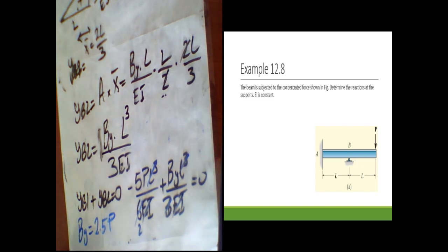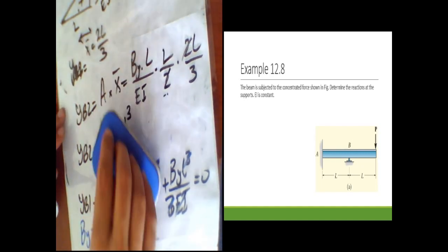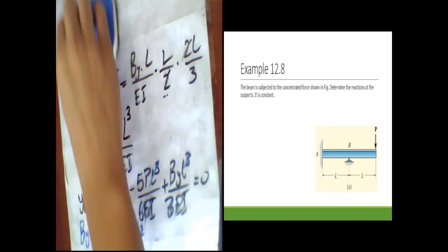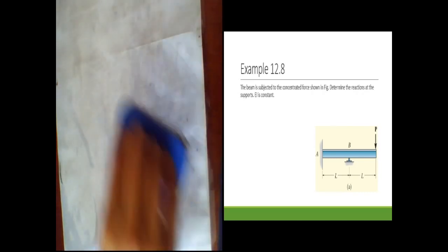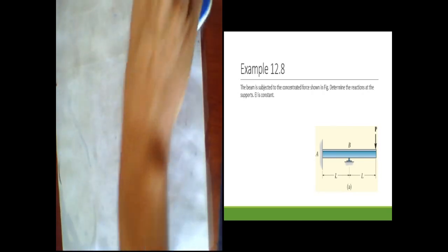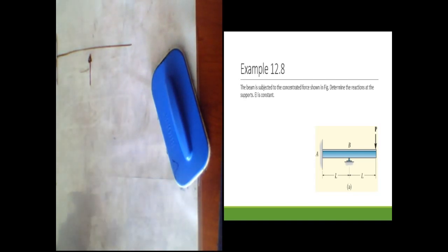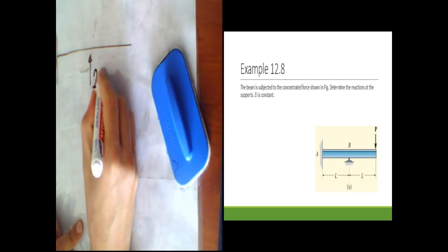After these calculations, now I can find the reactions. Now our system converts to a statically determinate system because I already know the BY value. So BY is equal to 2.5P.